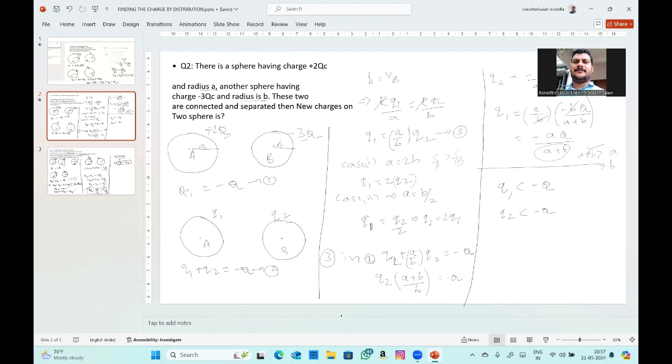If A equals 2 times B, sphere A has double the radius of sphere B. Substituting, B gets cancelled and Q1 equals 2 times Q2. That means charge will be more on the big sphere. If the radius is more, it is a big sphere, so the charge is more. Similarly, if the radius is small, the charge residing, gained or lost is also small.